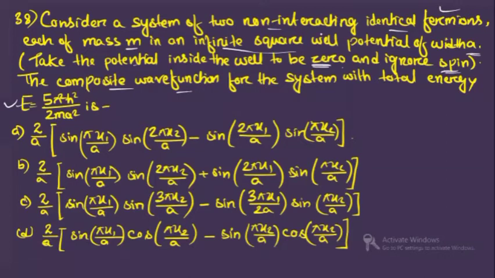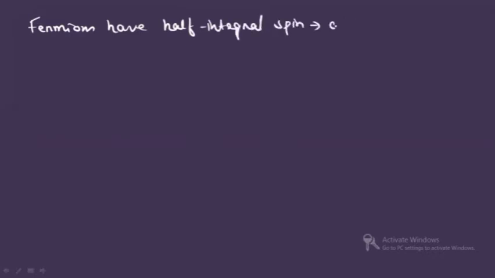You have to ignore the spin to write the composite wave function. So now we are talking about fermions. We know fermions have half integral spin, so they have an antisymmetric wave function. This is the first thing you have to remember according to this question. The second thing is that spin is neglected.